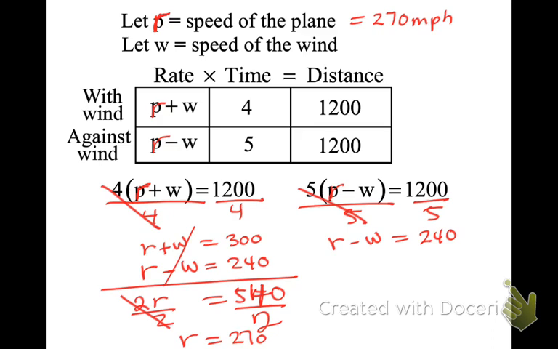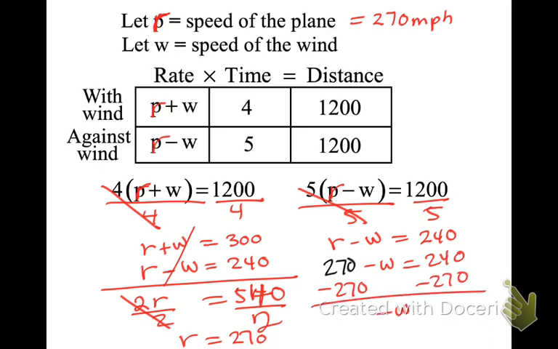I'm going to go back to either original, and I'm going to substitute in 270 minus W equals 240. Subtract the 270. Negative W equals negative 30. So W, multiply it by negative 1. W equals 30. My wind is 30 mph.